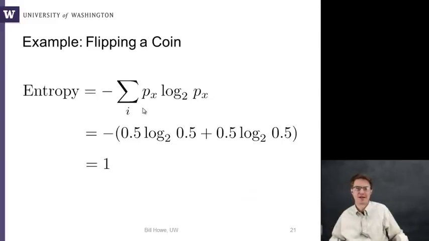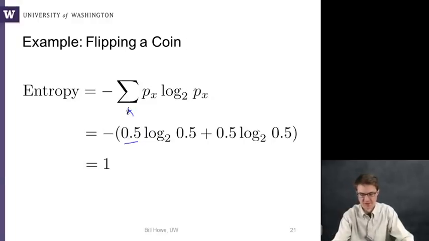So let's look at an example. Assume you're flipping a coin, and we see the same expression here on this slide that we saw on the last slide, except that this should say x instead of I. X or I is fine. It doesn't make any difference, but they should be the same. Then you expand this expression this way. If it's a fair coin, then you have 0.5 times the log of 0.5 plus 0.5 times the log of 0.5.